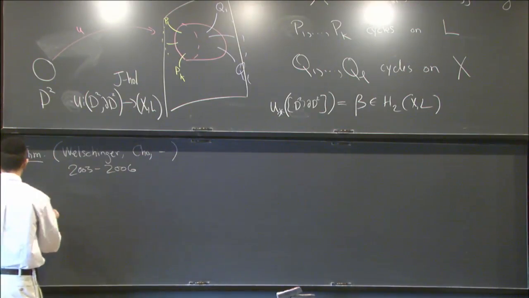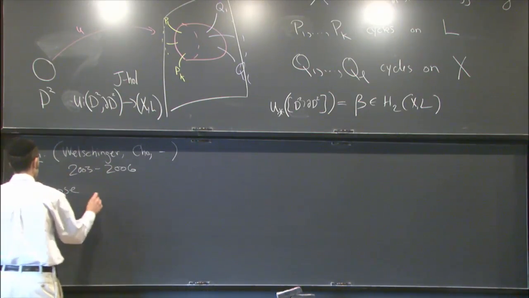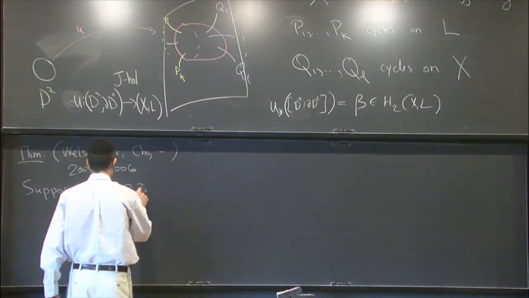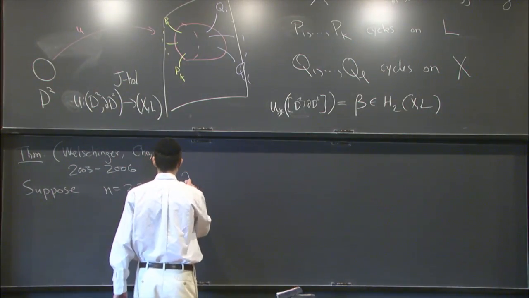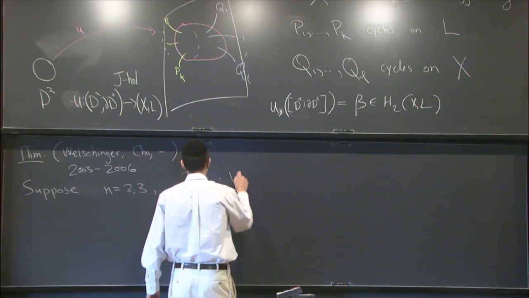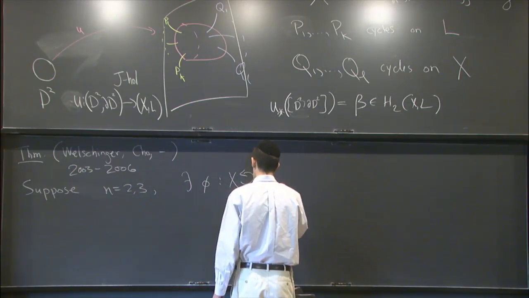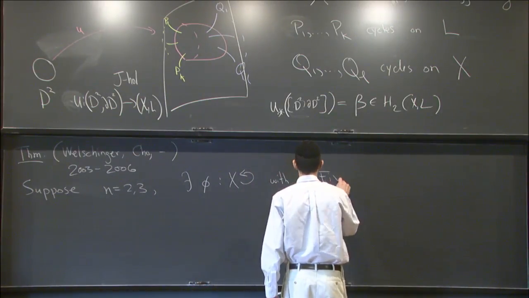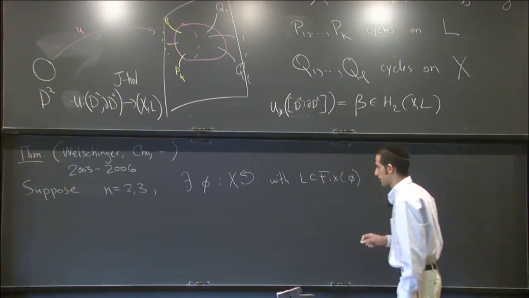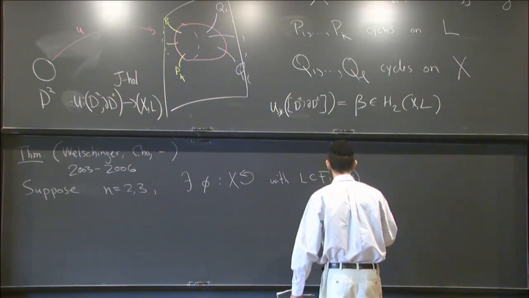First, one condition is: suppose that n is equal to 2 or 3, and there exists an antisymplectic involution of X with the Lagrangian fixed by this antisymplectic involution.